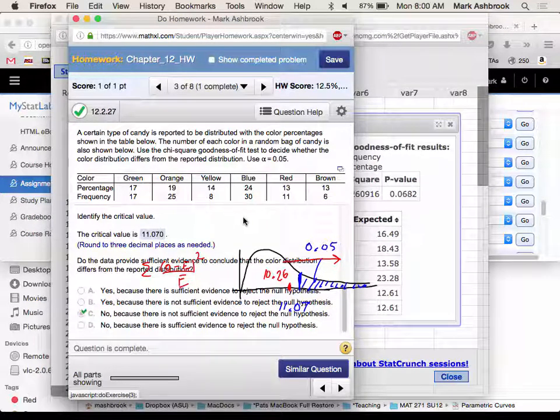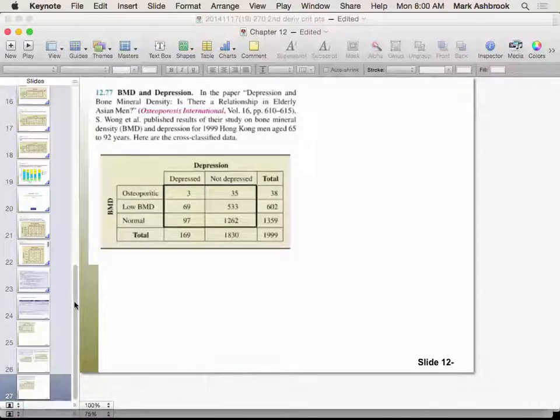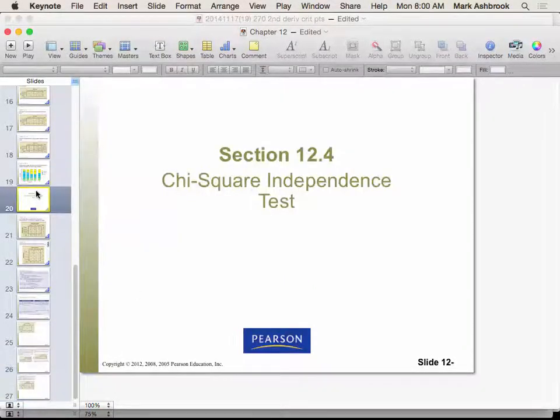Okay, so the next topic that we have also uses a chi-square test, but to test something different. So let's talk about that. The chi-square test can also be used to check the independence of two variables.